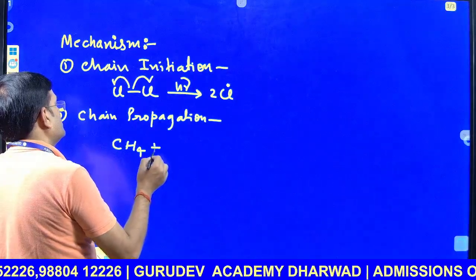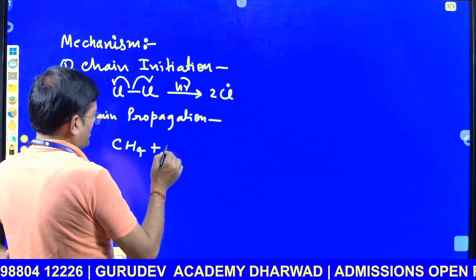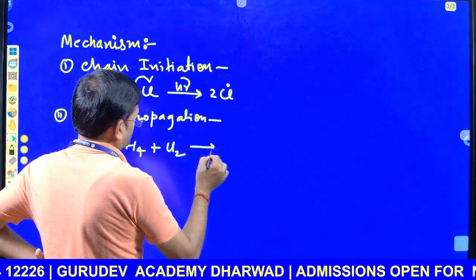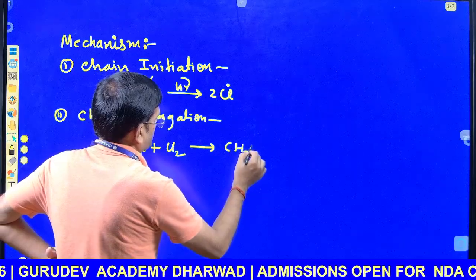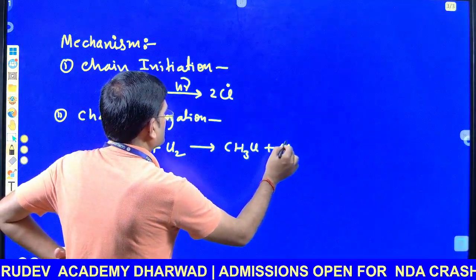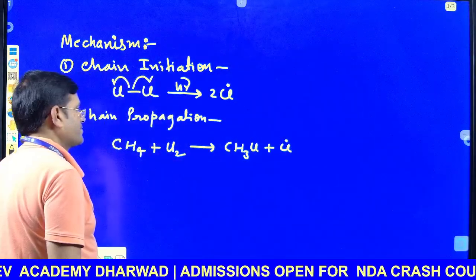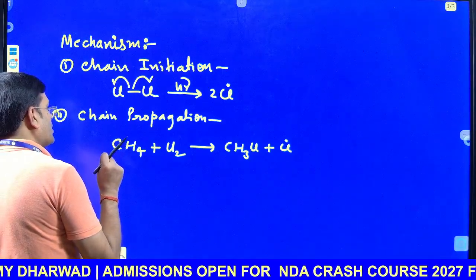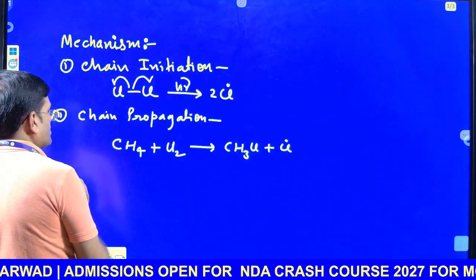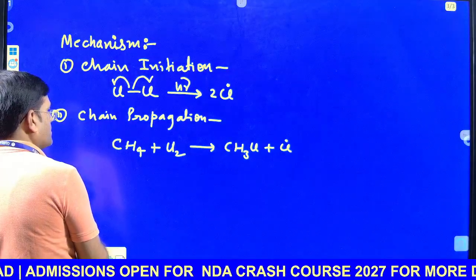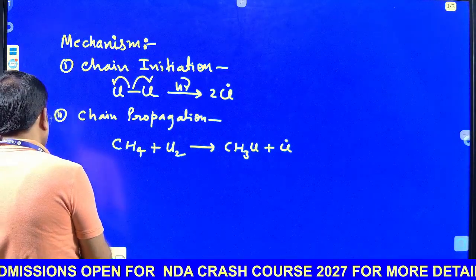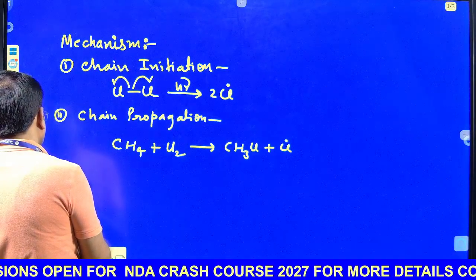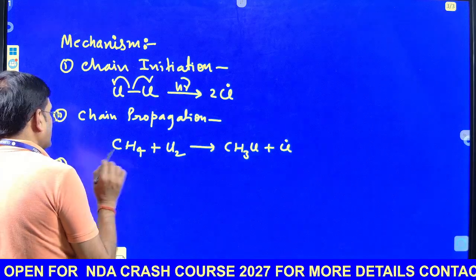CH4 reacts with chlorine to give CH3Cl plus Cl dot, right? Now all the radicals formed during these two processes are terminated in the third step.